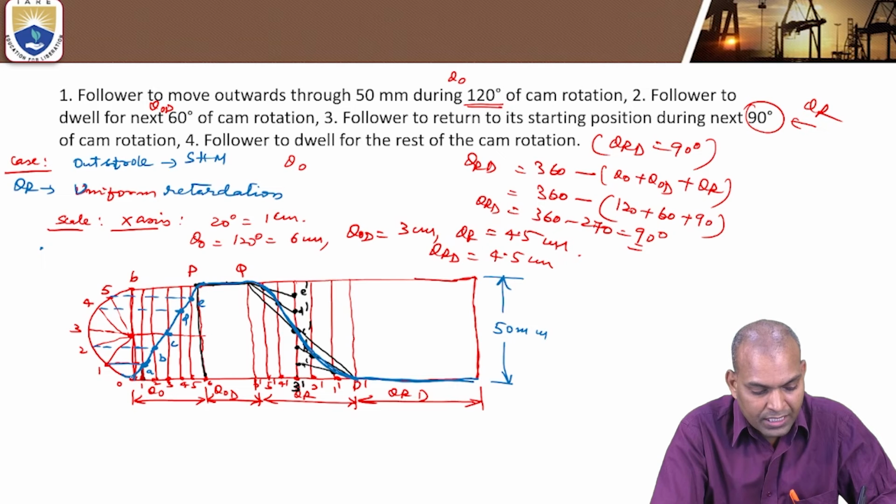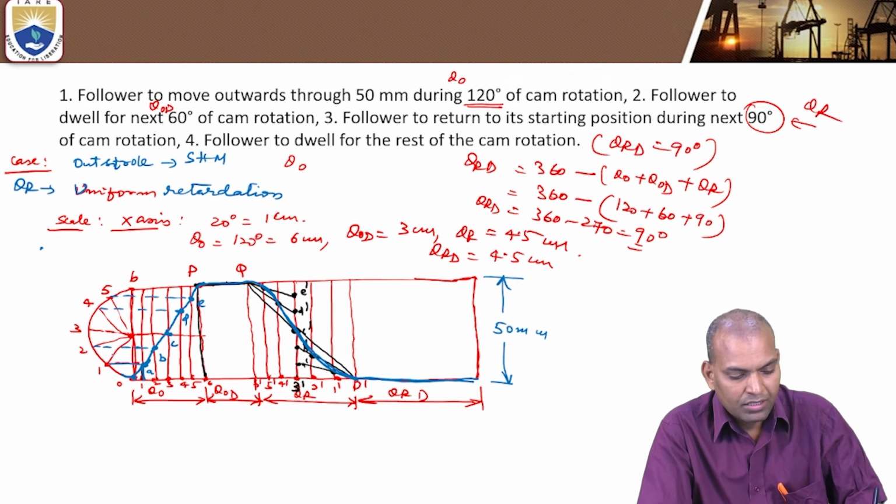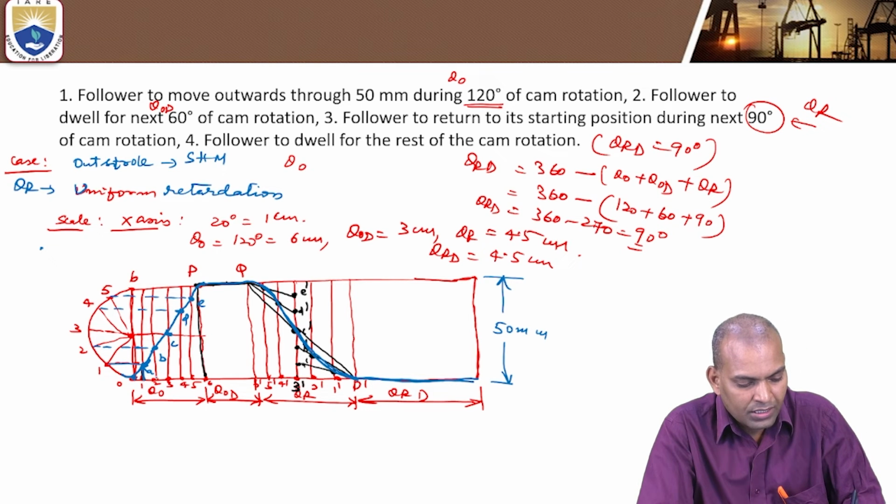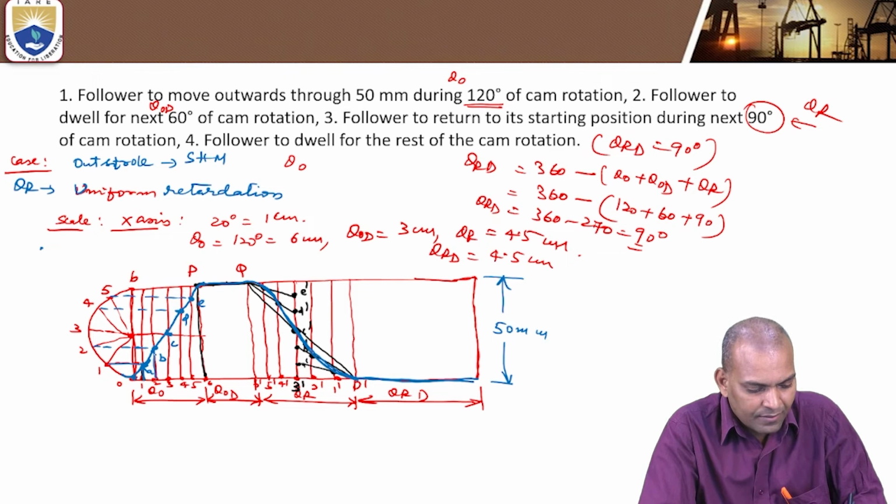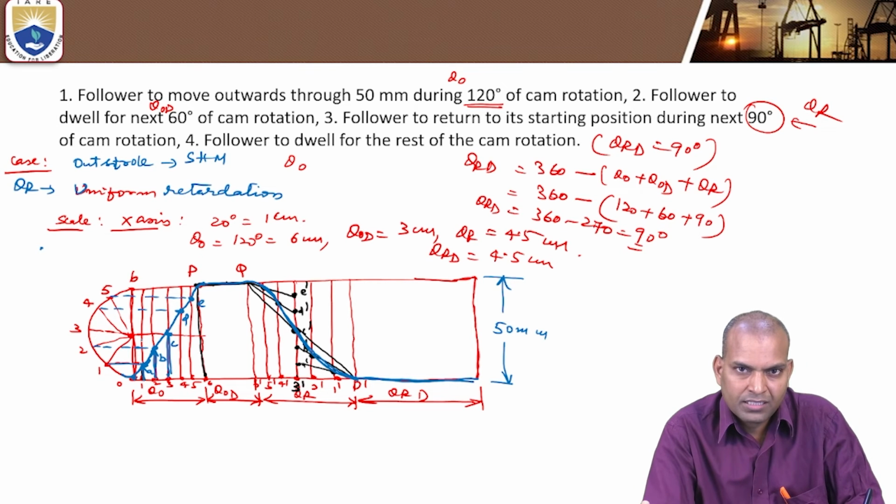For the first 20 degrees, 1 to A is the portion. Next 20 degrees, it raised from A to B height. Again, 3 to C is the distance for the next. From 0 to 3 it is 60 degrees.